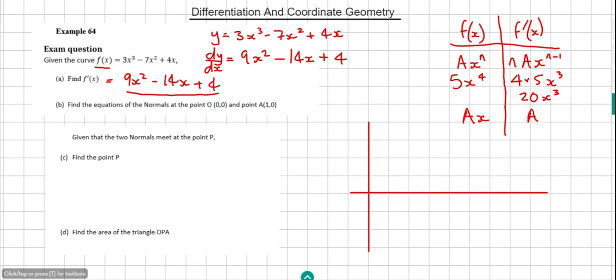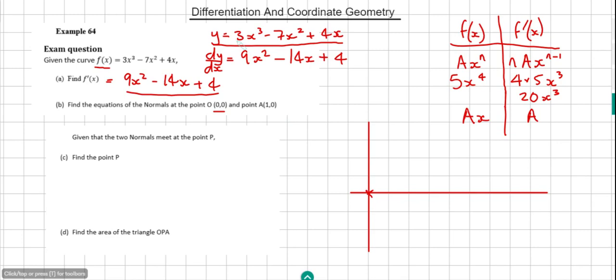Since we're told these 2 points, we can see that if we put x is 0 into this, then y is 0. Replacing x by 0, 3 times 0 minus 7 times 0 plus 4 times 0 is obviously 0. So that's this point.